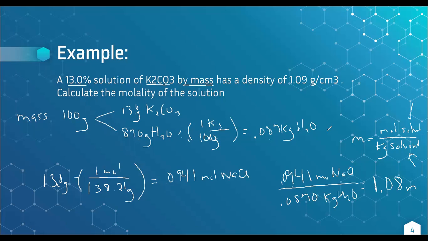Okay, so I think the key where people get stuck is what to assume. You kind of have to look at the information that you're given to decide what it is here. So 13%, whenever I have a percent of something, whether it's a mole percent or a weight percent, we want to choose something that makes that calculation easier. So whenever I have a percent, I usually start with 100 of whatever it is.